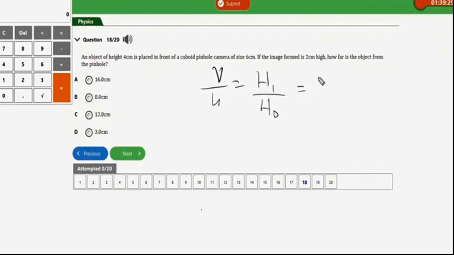So we have the image distance to be 6 over the object distance, which is unknown, equals the image height, 2, over the object height, 4. So cross multiply: 6 times 4, divided by 2. So the object distance should be 12 cm. Option C is correct. Alright, so let's wipe this now and solve the next repeated question.